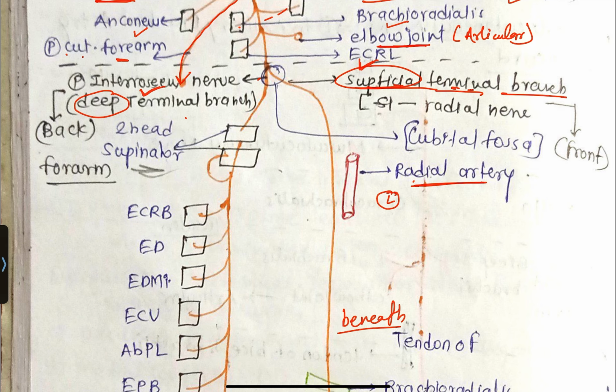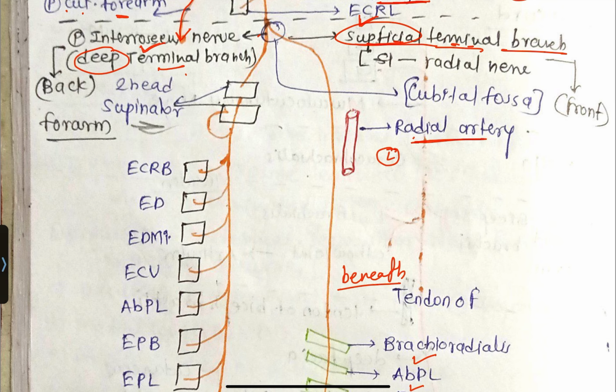Now let's see the deep terminal branch, which is nothing but our posterior interosseous nerve. Then it will give a branch to the supinator muscle.